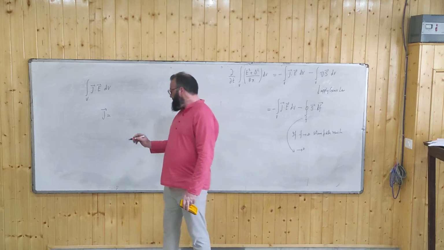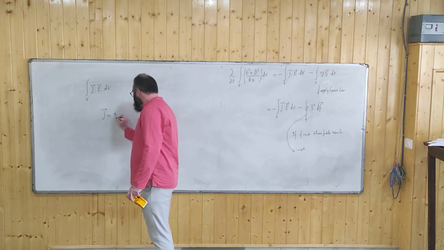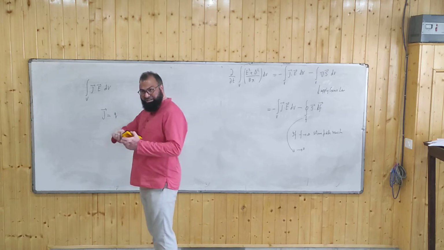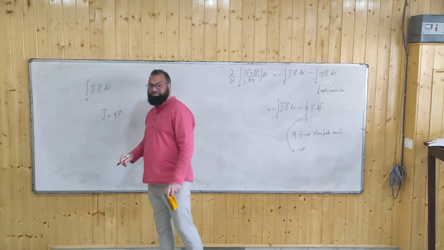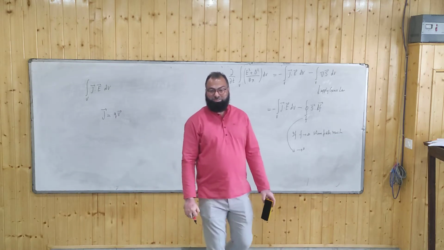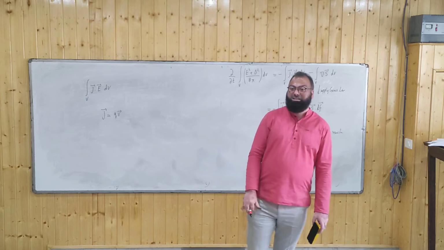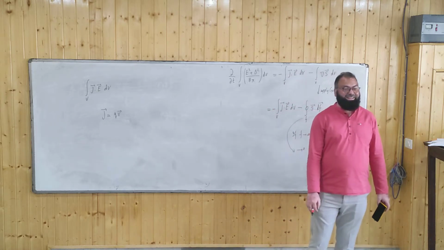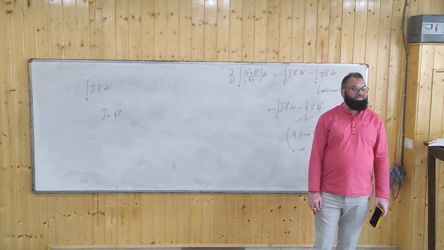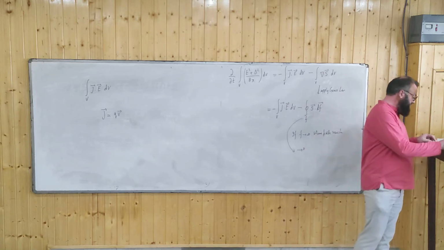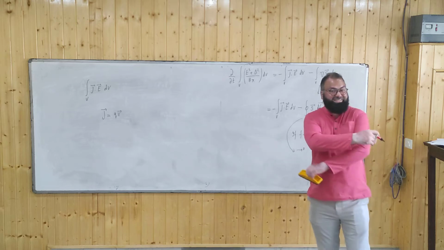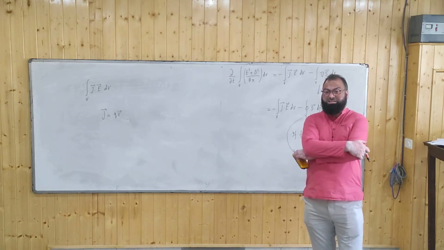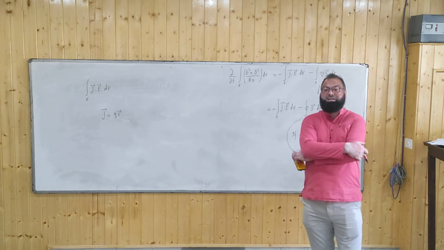If you have a charge Q moving with velocity V, what will it represent in the area DA? Yes. Multiply it by DA. Will it represent the current density?